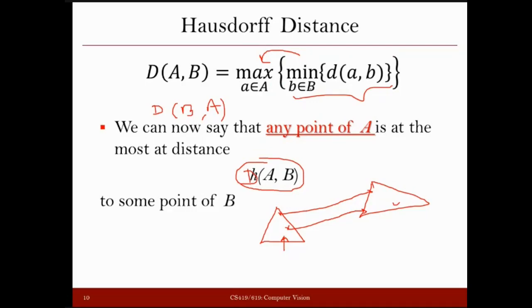B will come here and A will come here. So it is not guaranteed that the D AB you get is the same as D BA. That is why this distance measure is not a symmetric distance measure, and since it's not symmetric, we can simply say that this does not define a metric distance. Okay.